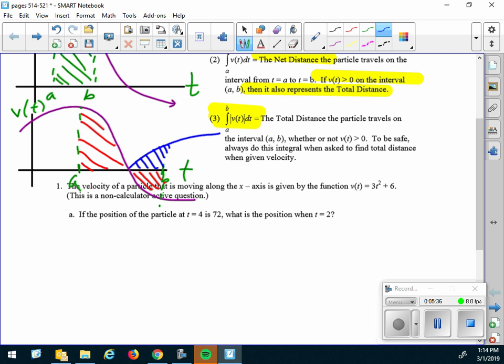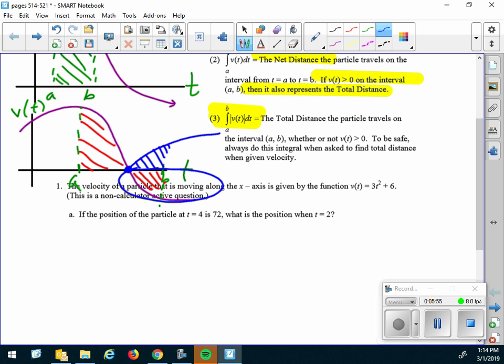When I'm doing absolute value, it takes this part that's below the x-axis, flips it above the x-axis, okay? And remember, that flip happens where the velocity does what? Changes sign, which means the particle changes direction.